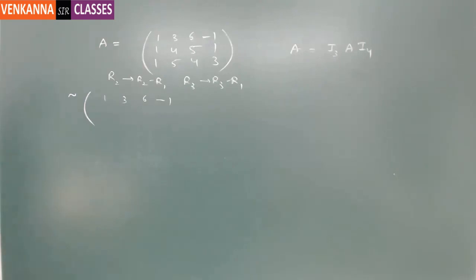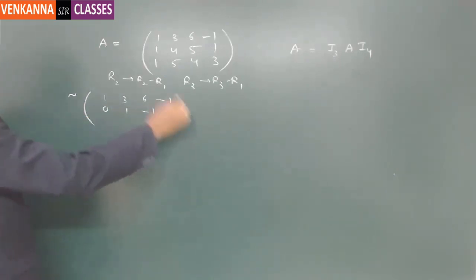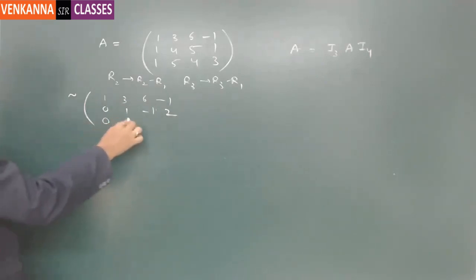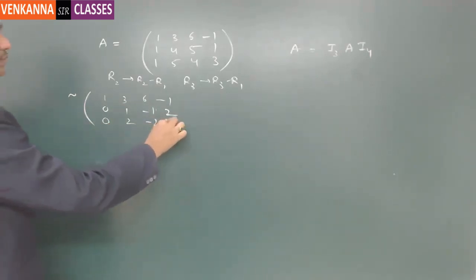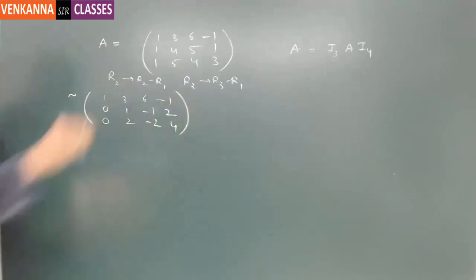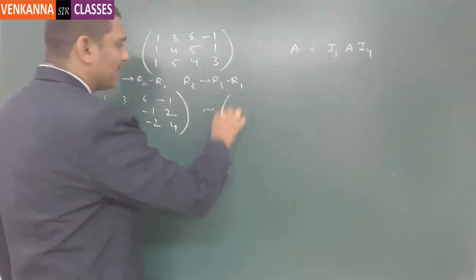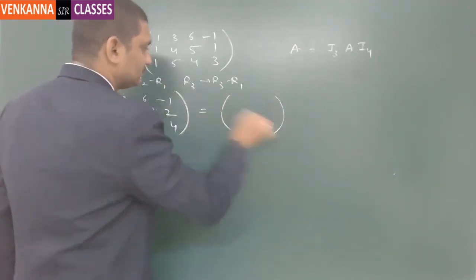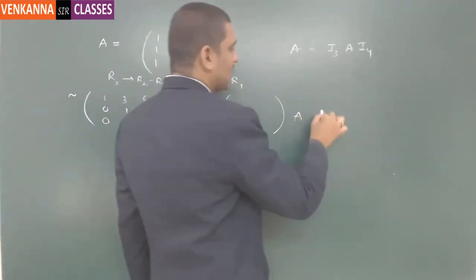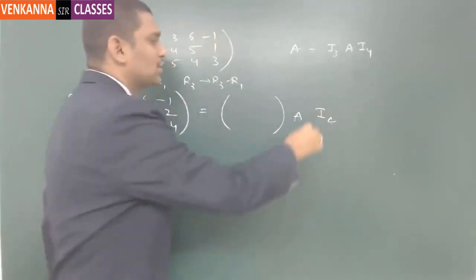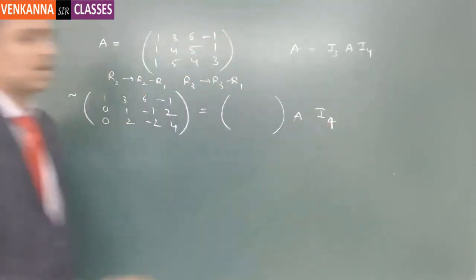Then you have 0, 1, minus 1, 2. Then you have 0, 2, minus 2, 4. And this side, A will be as it is, I4 will be as it is, because you are writing only row operations, not the column operations.